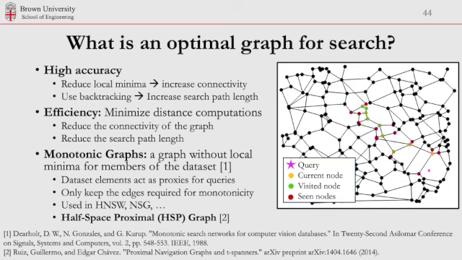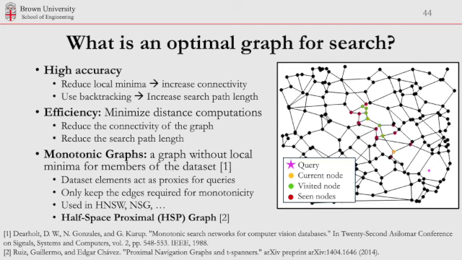Or we could use backtracking, which allows us to get around local minima. Both of these things increase the overall number of distance computations. We might reduce local minima by increasing the connectivity, and when we use backtracking, it increases the search path length. We're searching more nodes.